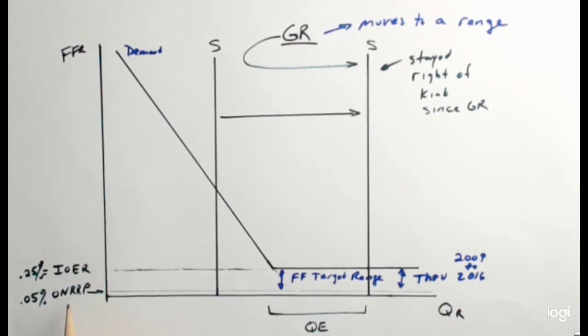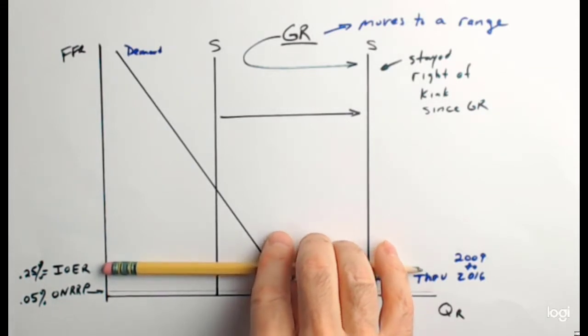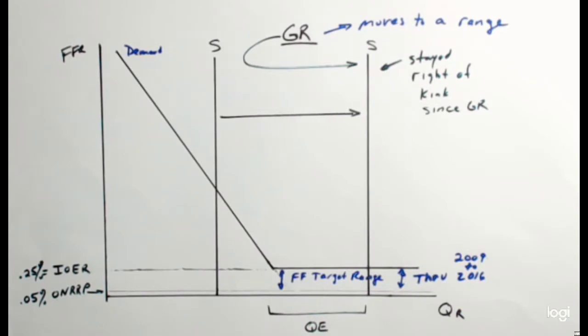Now, what does this mean? First, let's look at interest on excess reserves, this 0.25% rate. During the Great Recession, the Fed decided to start paying banks interest on excess reserves. They also have an interest rate associated with required reserves, but let's focus on excess reserves. That was 0.25%. So any reserves that banks had above their reserve requirement would earn 0.25%.